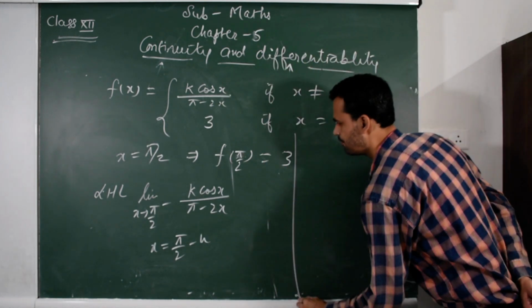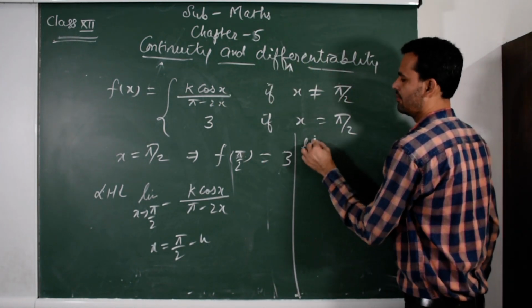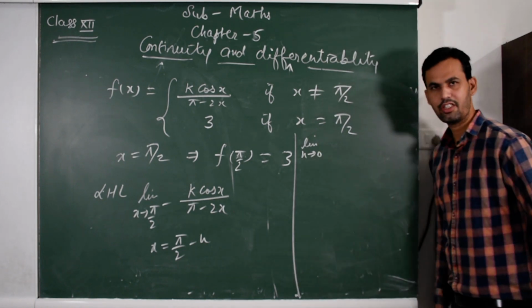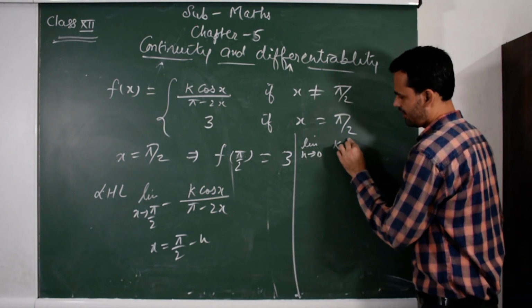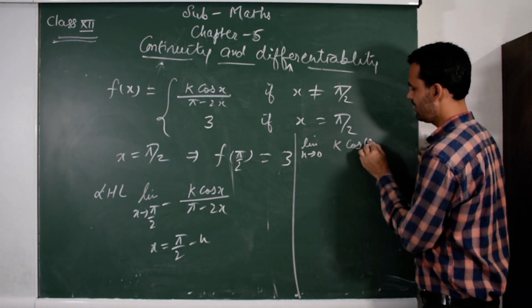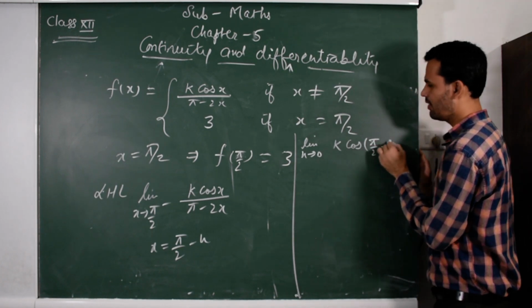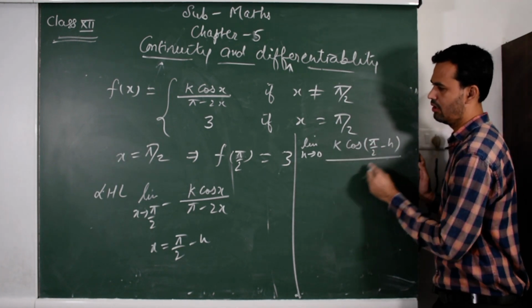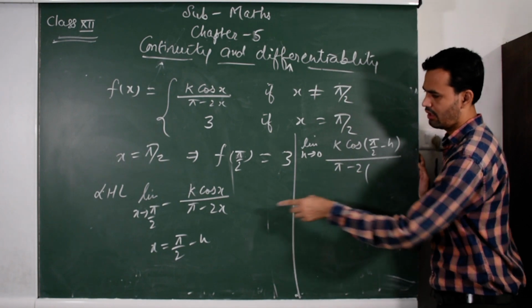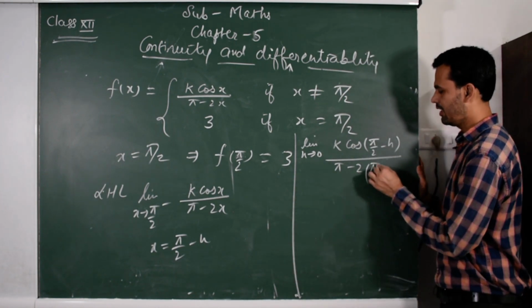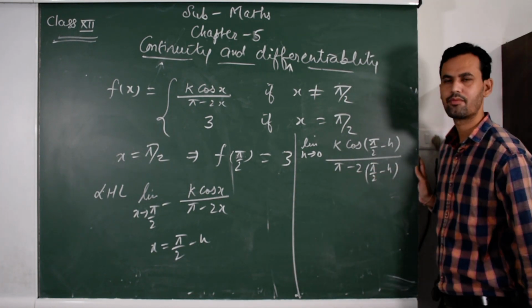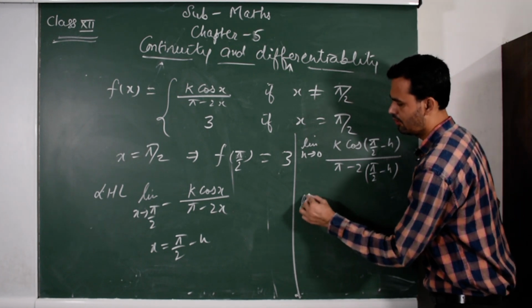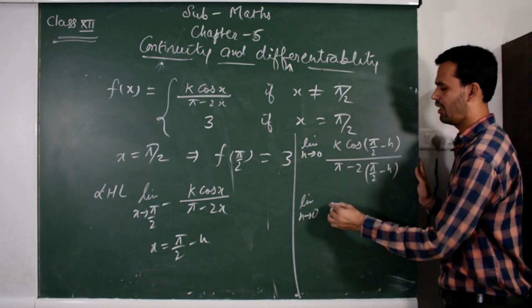So the limit changes into h tends to 0, k as it is, cos of (pi by 2 minus h) upon pi minus 2 times (pi by 2 minus h).